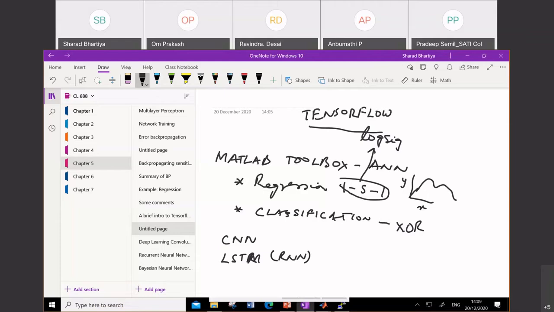You can call TensorFlow in Python through some APIs, or you can call it in R. I may not be able to show you this because I don't have my machine with me, but I'll briefly discuss TensorFlow.